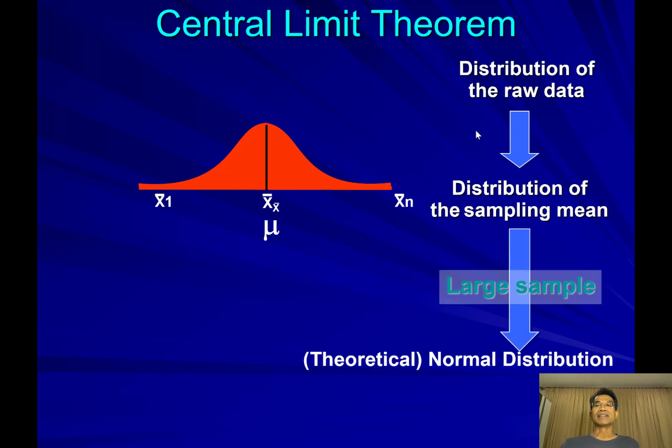To get the distribution of the sampling mean, you need to do a repeated sample to get it like this. And if the sample is large enough, that symmetrical distribution will follow a theoretical distribution called the normal distribution.